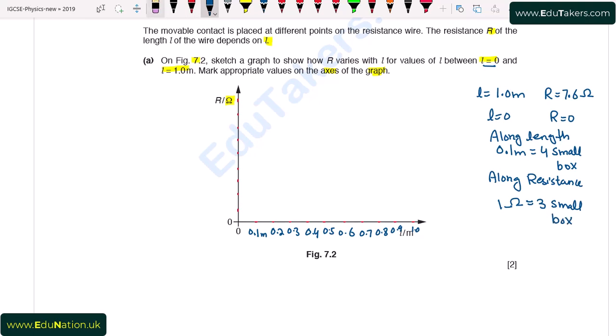As we know that if it is 1 meter, there will be an equal number of 10 equidistant lines. Now I am considering that 4 lines is equal to 0.1 meter and 3 lines is equal to 1 ohm. So I write here it is 1.0, 2.0, 3.0.